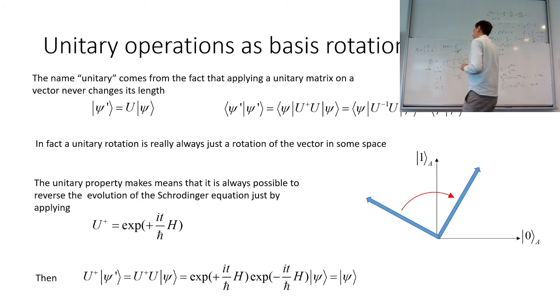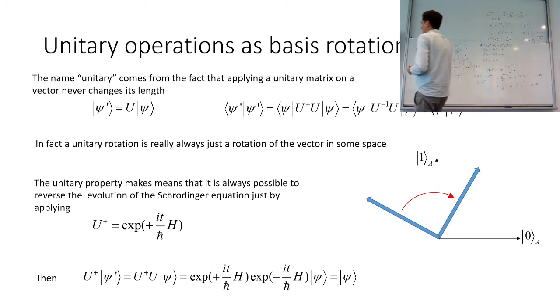So basically the only type of operation that you can have in that case is this type of rotation. And you can also show that you can always reverse the operation of the Schrodinger equation simply by applying the operator with the plus sign.